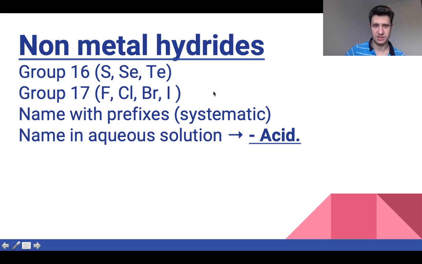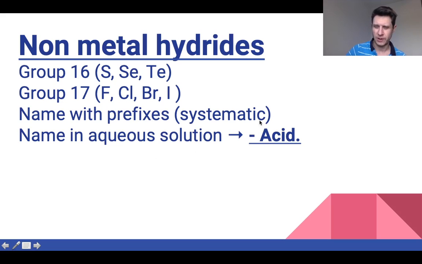Non-metal hydrates. Okay, we're going to focus on groups 16 and 17. And instead of having a systematic name or a commercial name as in the previous two slides, we are going to have aqueous solution.